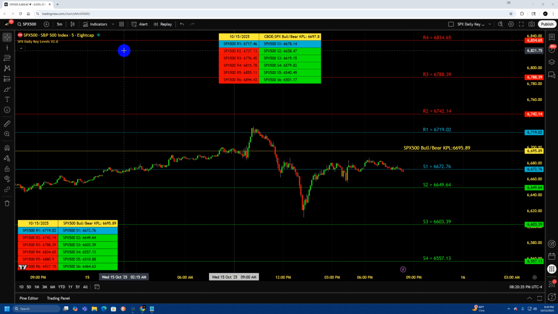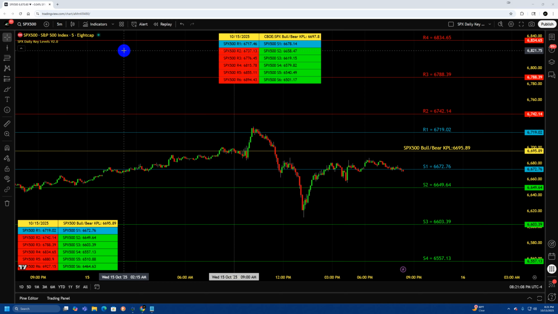on TradingView works is that even if your indicator knows what the levels are going to be at a certain time, such as in this case 9 a.m. Eastern, if that particular symbol is not open, which in this case at 9 a.m. CBOE SPX is not, because it does not trade in the overnight or the pre-market, then you can't see them.